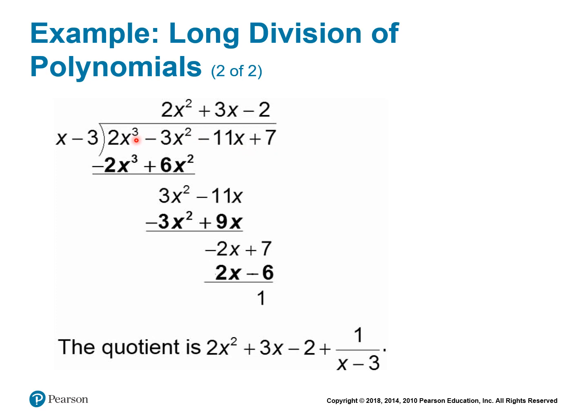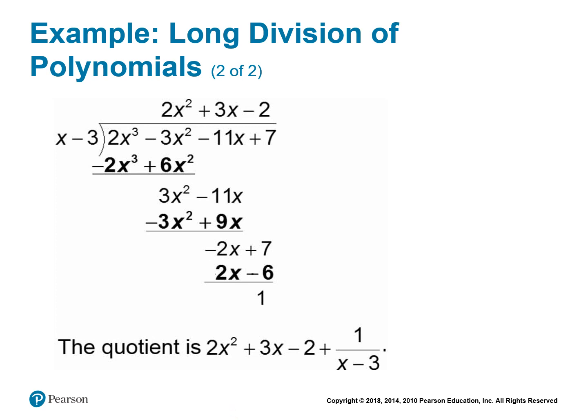There are no terms missing: 3, 2, 1, and the last one has x to the power 0, and that's why we don't see the x variable. On the left hand side we see our divisor x minus 3. So let's get started with the process.